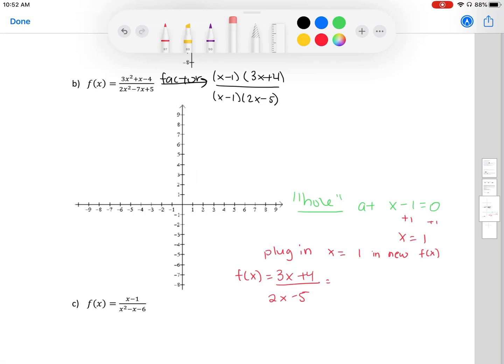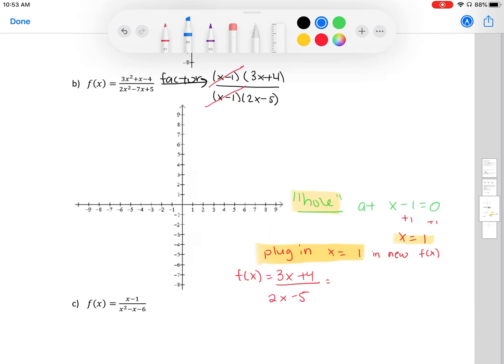So we see that this x minus 1 cancels to make 1. It's gone. So in return, that creates a hole at x minus 1. If we solve for x, we get x equals 1. And what we do from there is we plug in x equals 1.